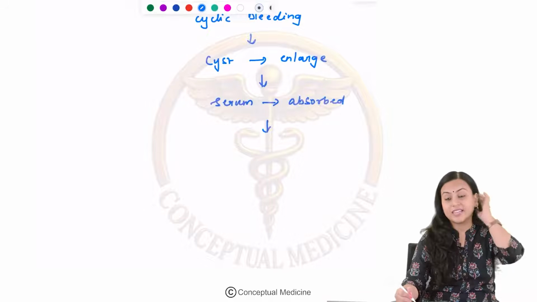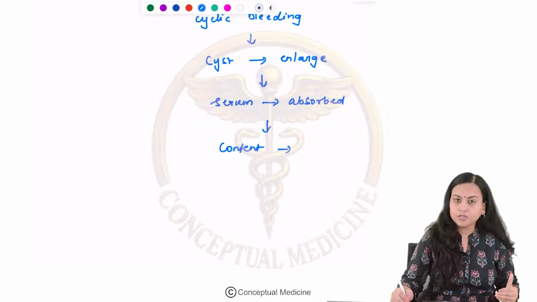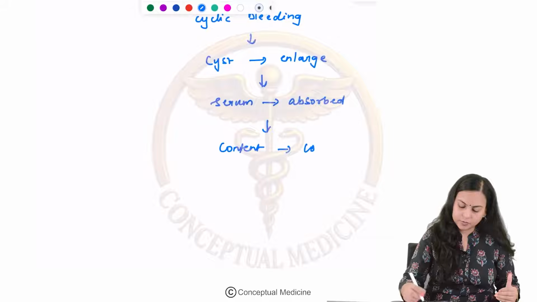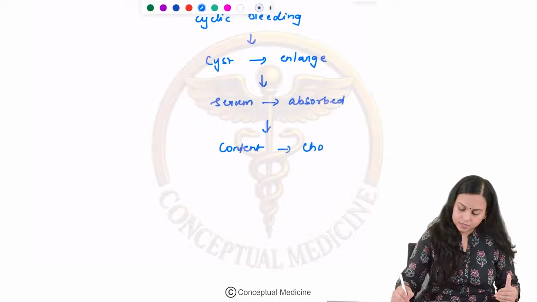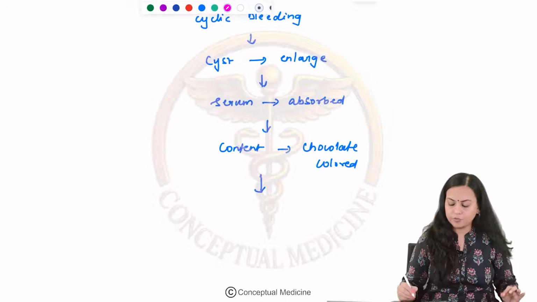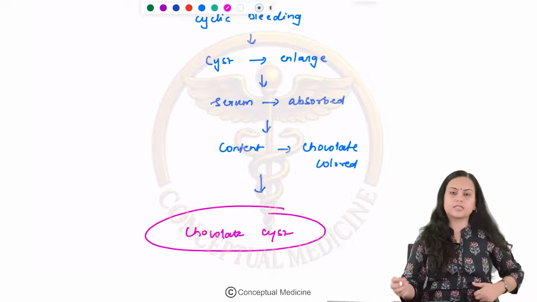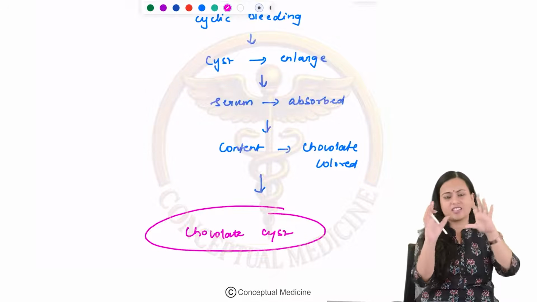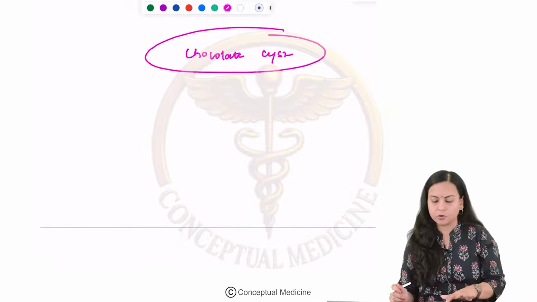At that time, the content will be mostly chocolate colored. This is usually seen in the ovary, and is known as a chocolate cyst. The serum will be absorbed and only the RBCs and other materials present in the blood will be retained. So, that will appear as a chocolate cyst.